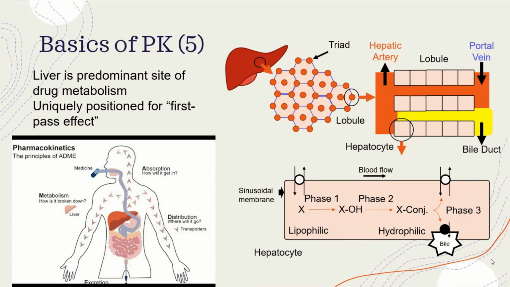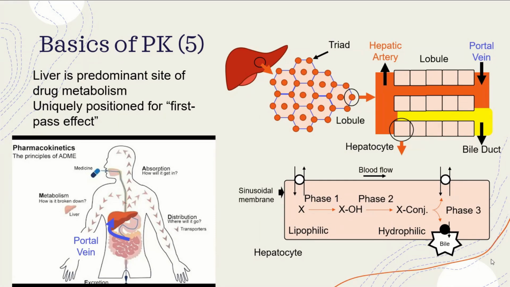So any type of xenobiotic that is administered orally, like a drug, is going to go through the stomach and go into the intestine, and it's going to cross those membranes, and it's going to be absorbed, and it's going to go into the portal vein and go to the liver. So the first major organ that the xenobiotic sees after the intestine is the liver.